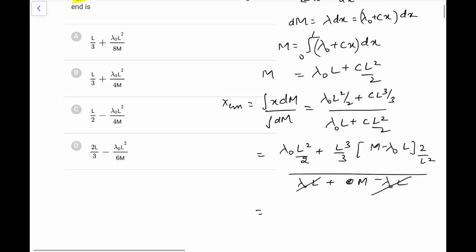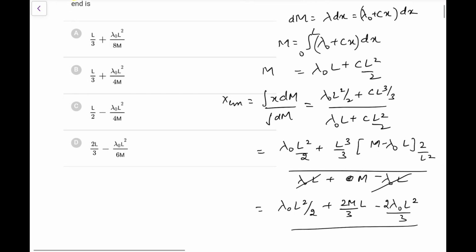So now what we are left with, do this carefully: lambda naught L square by 2 plus here we will get 2m by 3 into L minus, be careful, 2 lambda naught L square by 3, if I am right, yes, upon m.